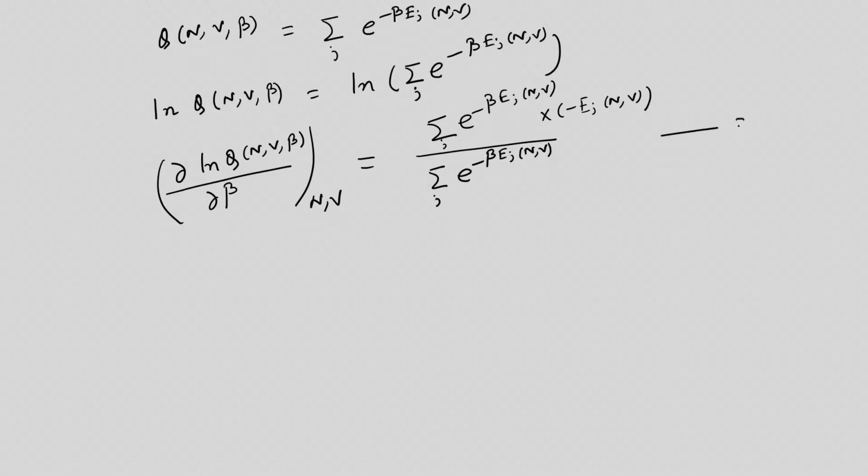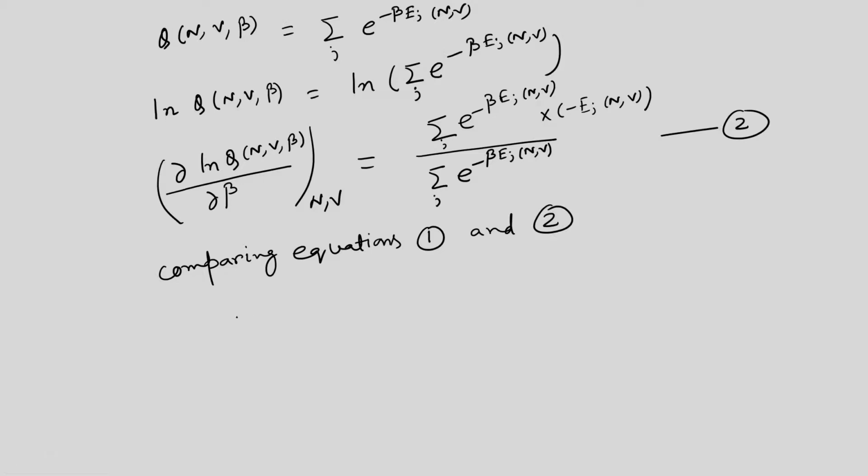Now, if we compare expression 1 and expression 2, comparing equations 1 and 2, we get average energy is minus del ln Q by del beta at constant N and V. So, this is the expression for average energy.